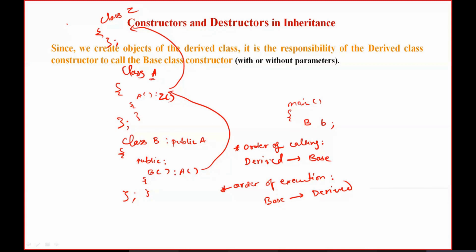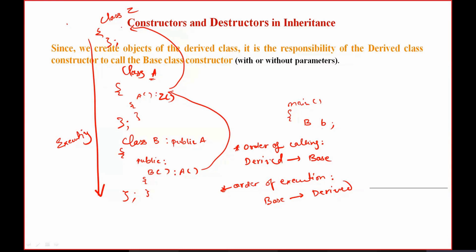So the calling sequence is from derived to base class, but the execution sequence is from base to derived class. The order in which they got called, in the opposite order they are being executed.